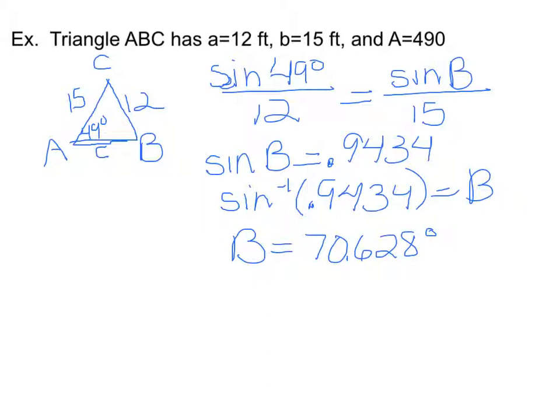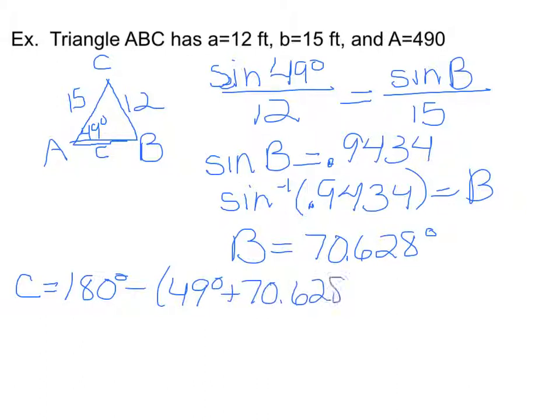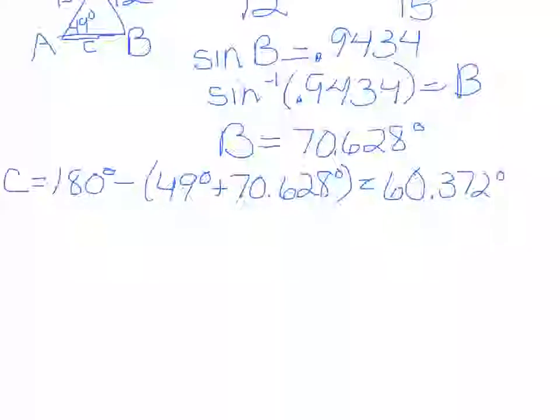Okay, so now I know angle A, I know angle B, and to find angle C, I'm going to do 180 degrees minus the sum of 49 degrees plus 70.628 degrees, and I find that angle C is 60.372 degrees. So now we want to find side C. We will base it on what we know.